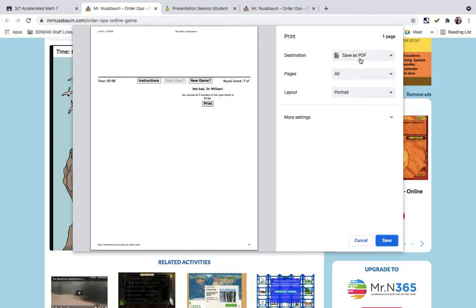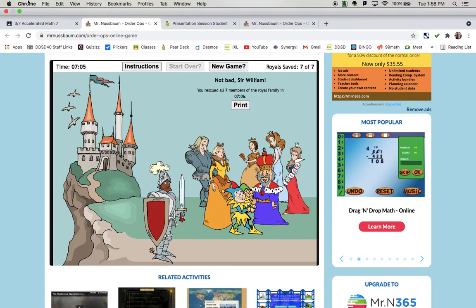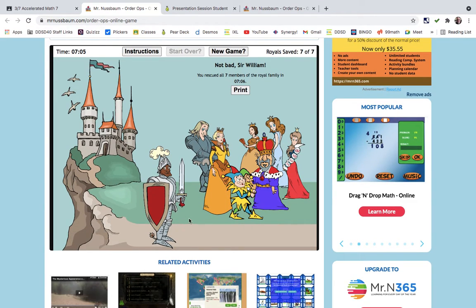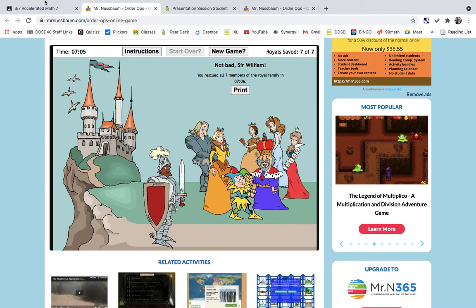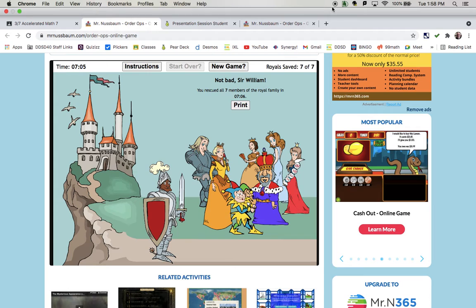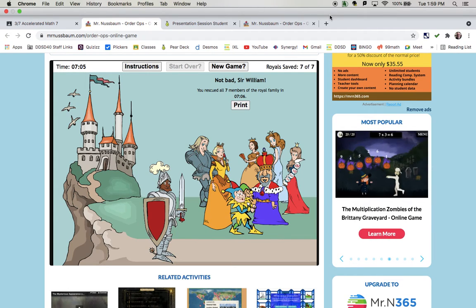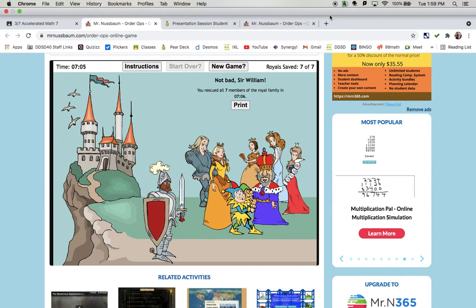I have mine as save as PDF, and I hit save. And I'm just going to save it. If not, you could take a screenshot right here where it says you rescued all 7 members. And that is a recap and instructions for the game for order of operations from Tuesday, November 9th.